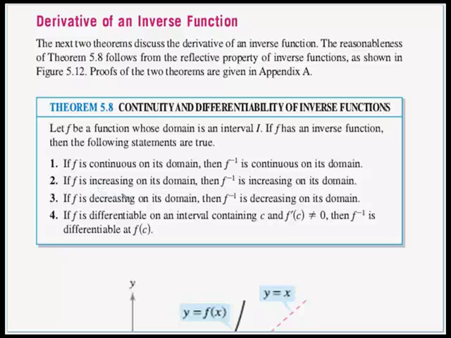If the function f is increasing on its domain, then the inverse is also increasing on its domain, and it works for decreasing. If the function is decreasing, then the inverse is also decreasing. If f is differentiable on an interval containing some point c, and the derivative f prime of that point c does not equal 0, then the inverse function is also differentiable at that point.